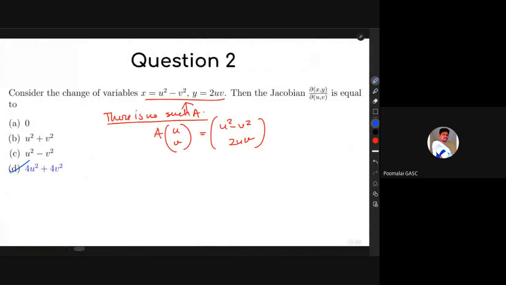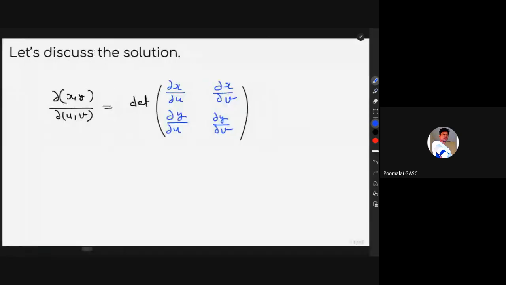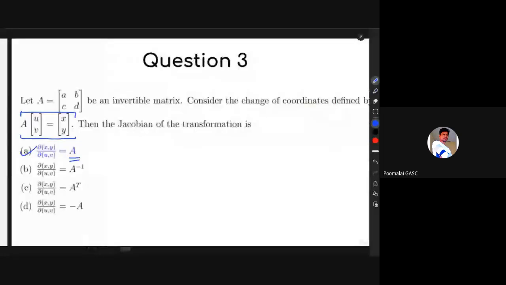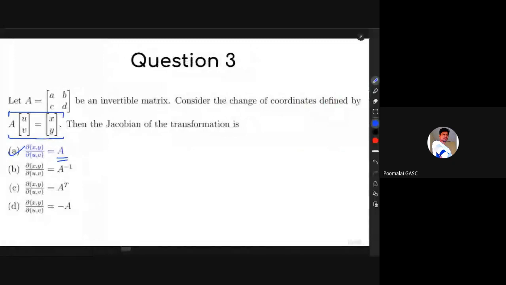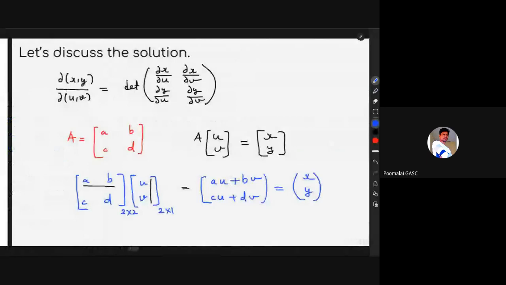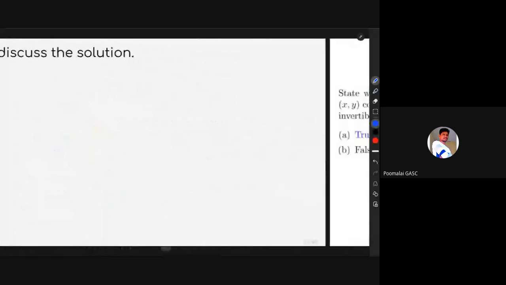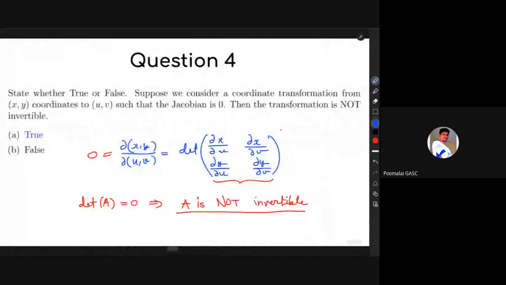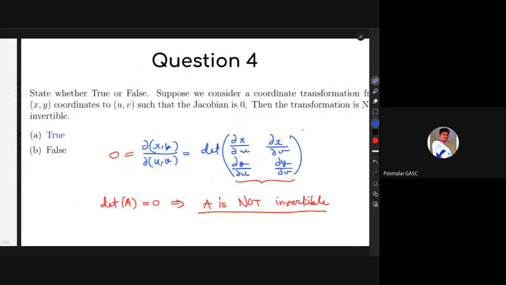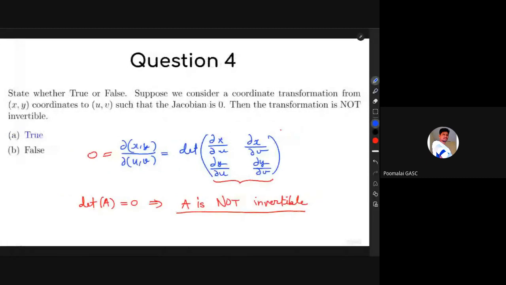Questions two, three, four were on Jacobians. In this question, first you need to calculate the Jacobian. In the third question, again, this is a question on Jacobians. You need to find the transformation of the Jacobian. And the fourth question is also on Jacobians. So you missed three questions on Jacobians, and the first question was on the Lagrange multiplier method.